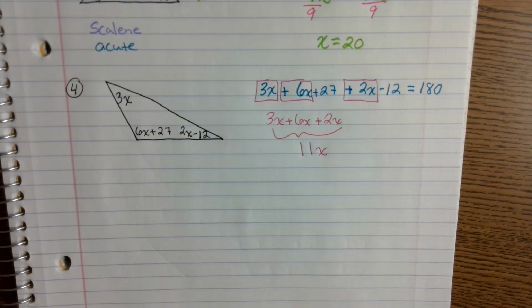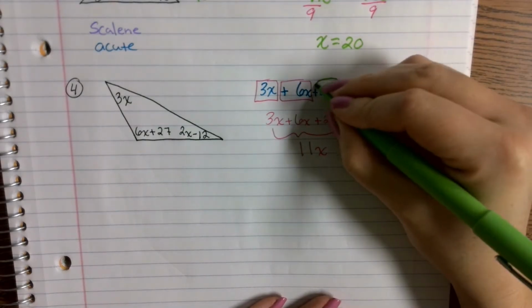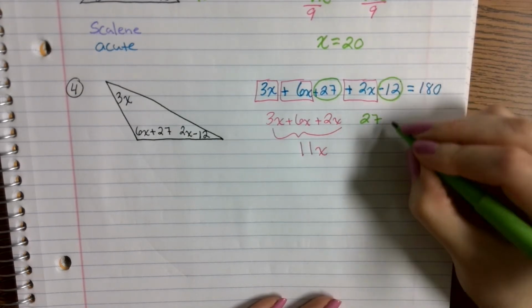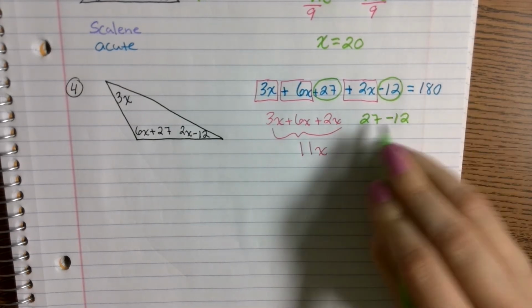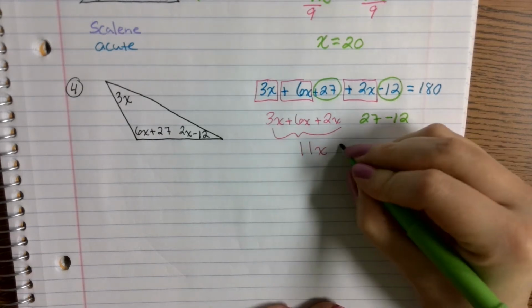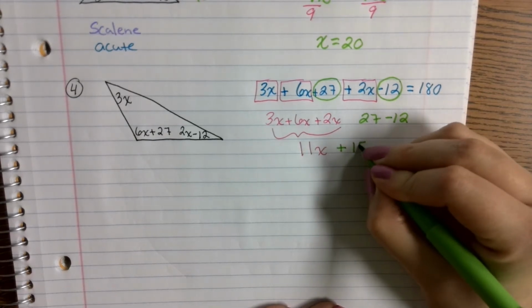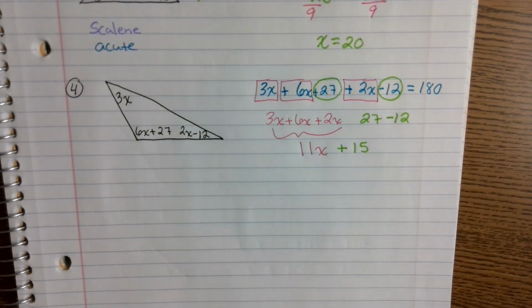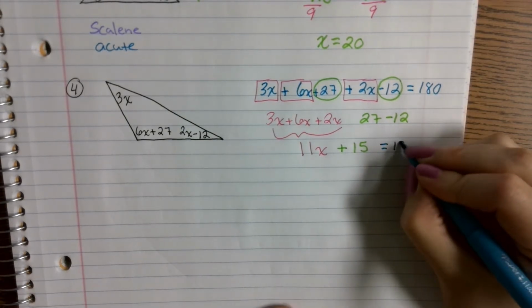If we combine our constants together, 15. Okay, if we combine that positive 27 and that negative 12, so 27 minus 12 gives us a positive 15. It is a positive 15, and then that would be equal to 180.